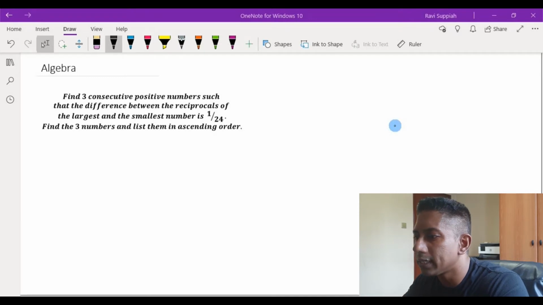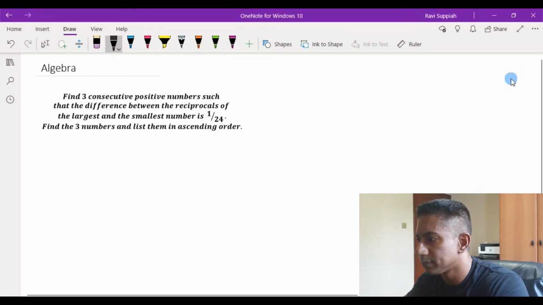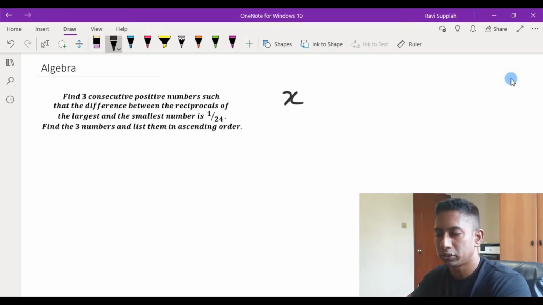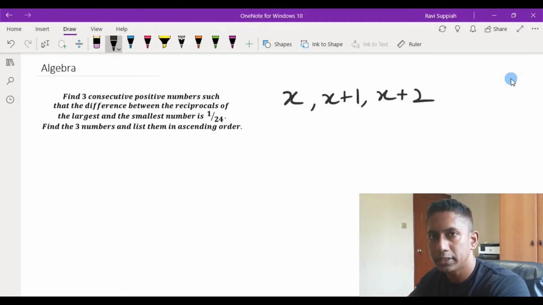Now, if I take the first number to be x, since there are three consecutive positive numbers, the next number is going to be x plus 1, and following that will be x plus 2. With this information, what can we say now?